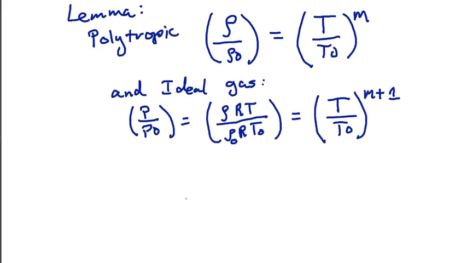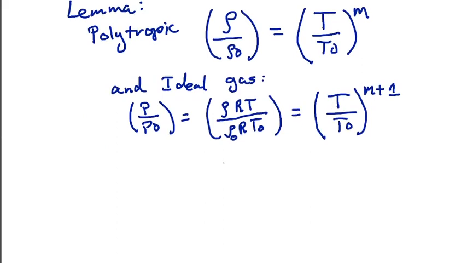Now, if we take this lemma and plug it into the hydrostatic equilibrium equation, what we get is that grad log P, rewriting it using our lemma and using properties of logs of powers, is m plus 1 times grad log T, the logarithmic temperature gradient.